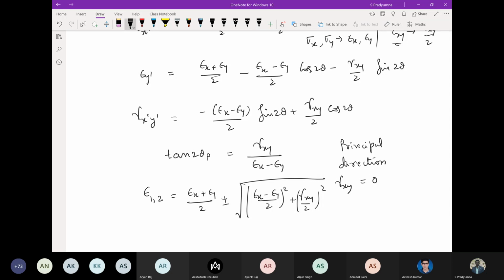You can also derive it by taking the derivative of epsilon x with respect to theta equal to 0, and then finding the angle theta p. Otherwise, you just write the same expression. So this is what you can also write. Is there any issue with this?